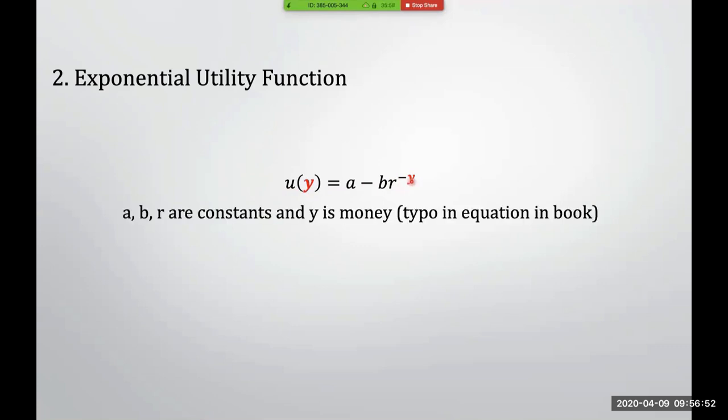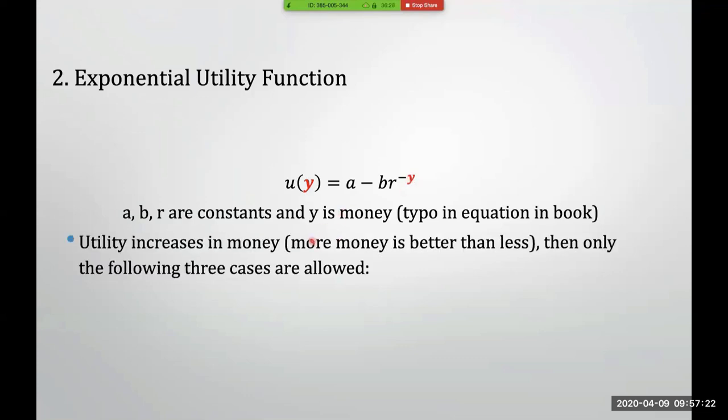Here a, b, and r are constant numbers that change from one person to another. What doesn't change is this form, a minus b times r raised to the negative y power, and this y is the total wealth that you're facing in a decision situation.